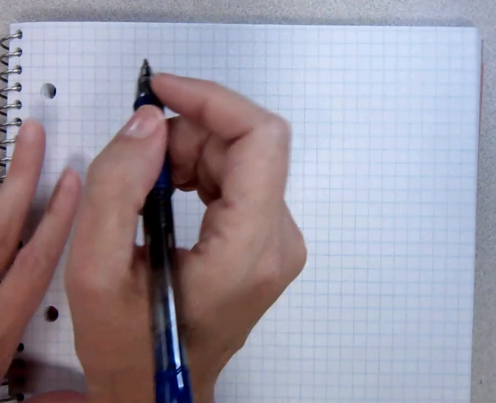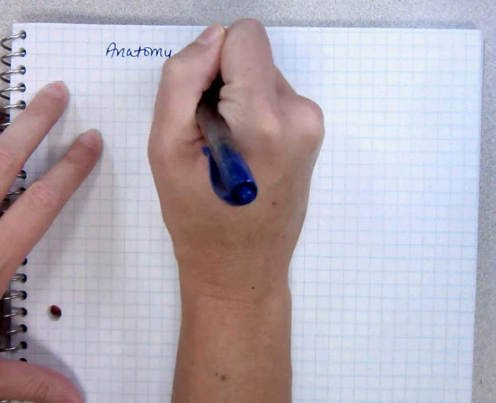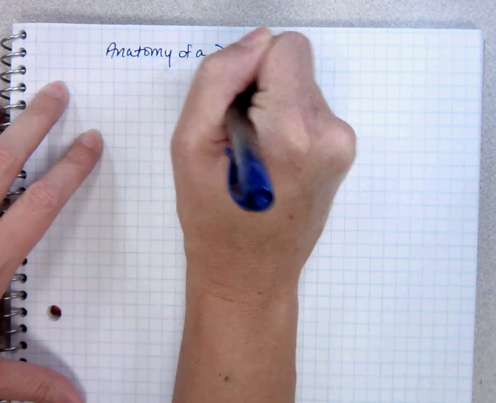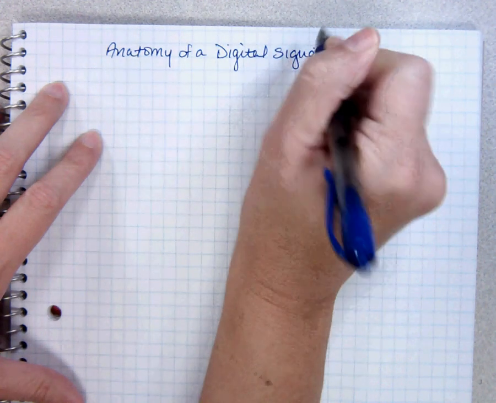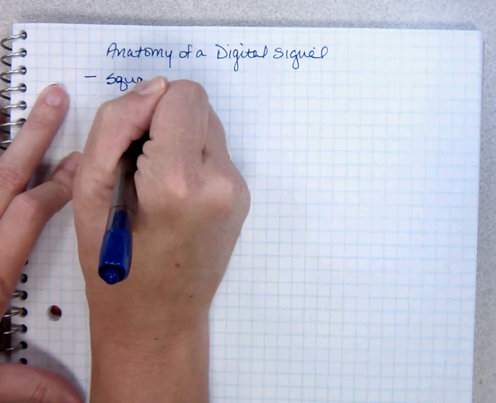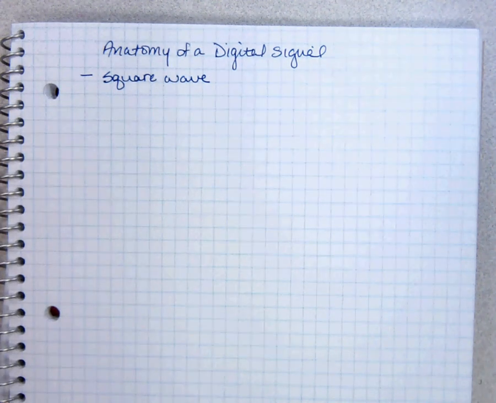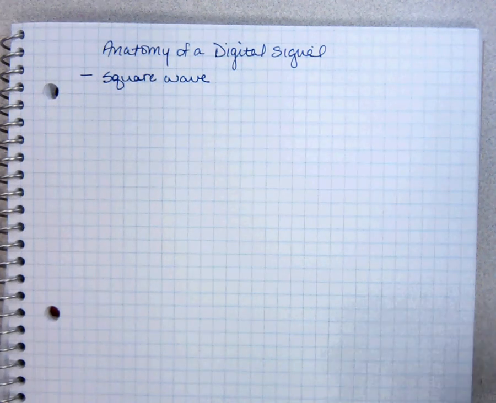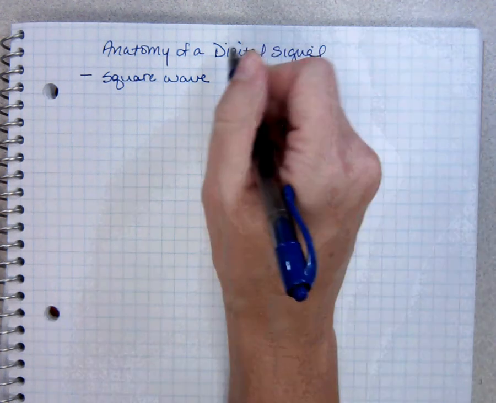Alright, so we've been through the anatomy of an analog signal. Let's go through the anatomy of a digital signal. Okay, so a digital signal looks like a square wave, like the example that I showed you earlier on the analog signal square wave, and it was analog because it had negative values, and we know digital doesn't have negative values.